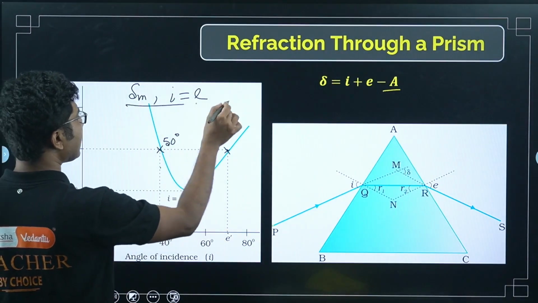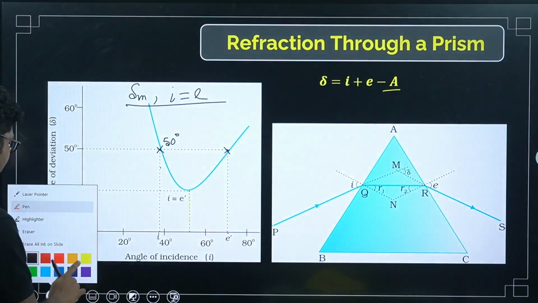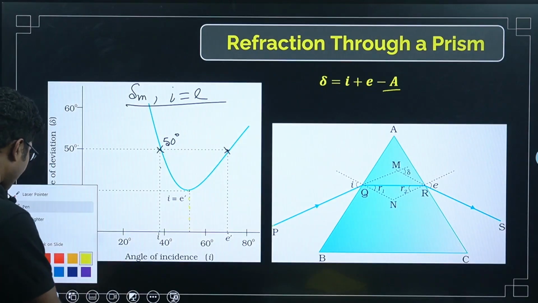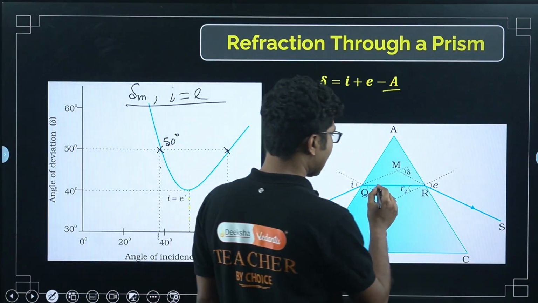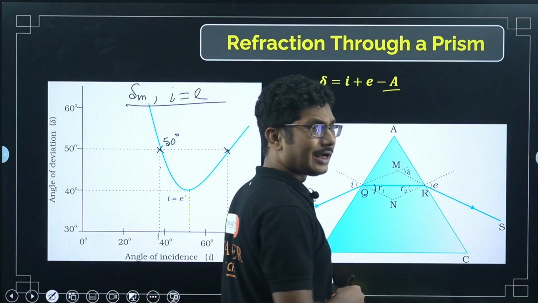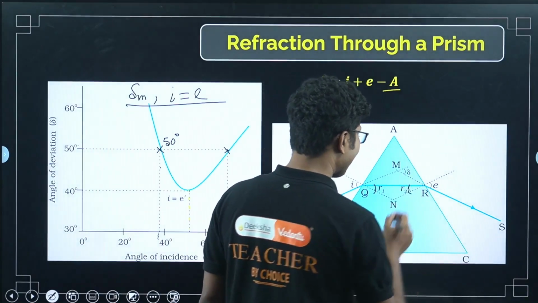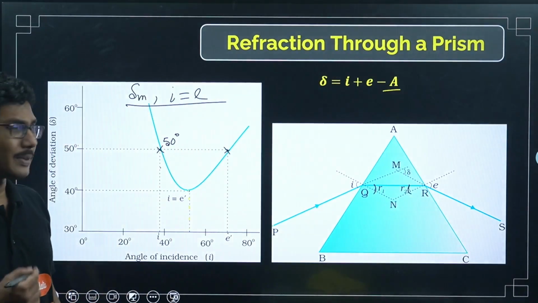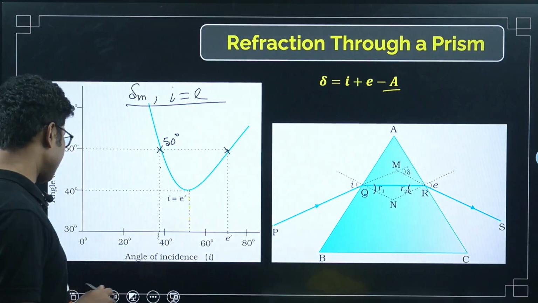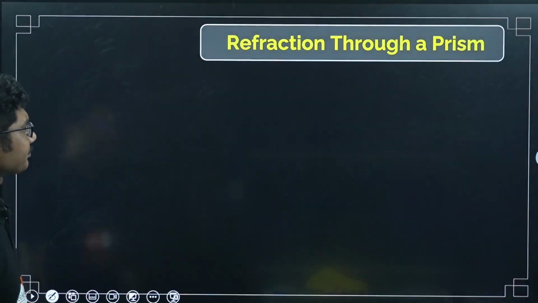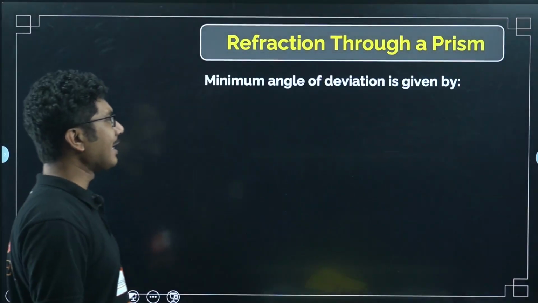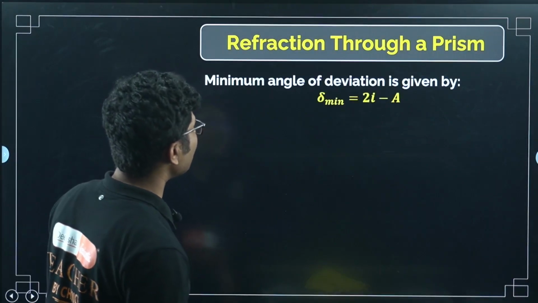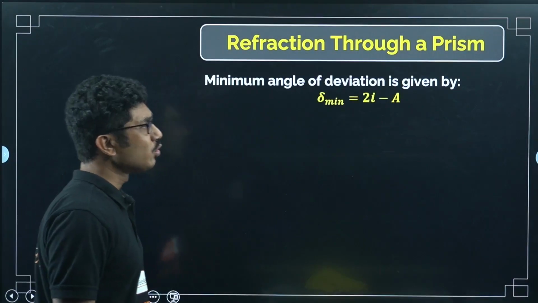This is the condition for minimum deviation, right? Apart from that, there are two more angles. This angle is the first refracted angle, this is the second refracted angle, and they are called R1 and R2. There are certain relationships, we'll see that in a while, that the minimum angle of deviation is given by the formula delta min equals to 2i minus a.